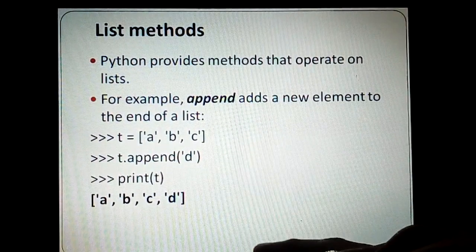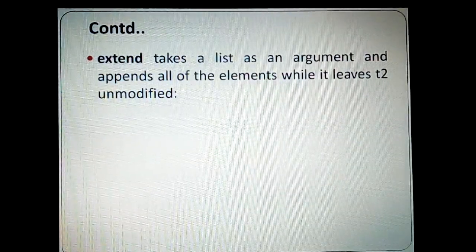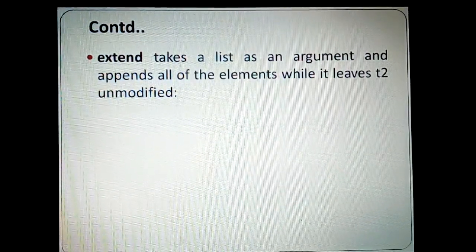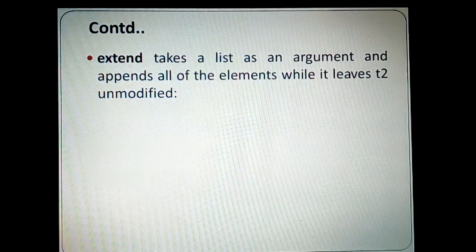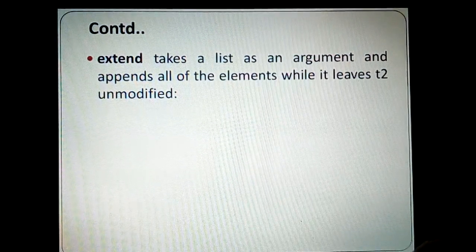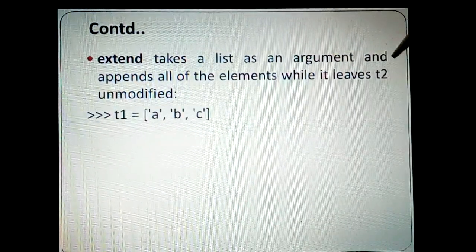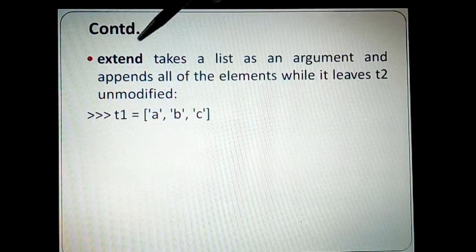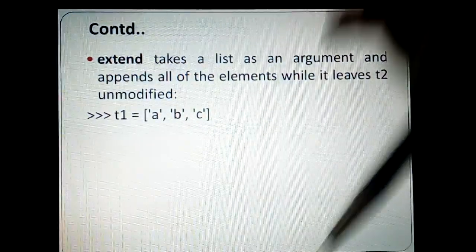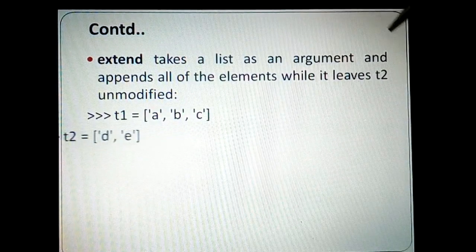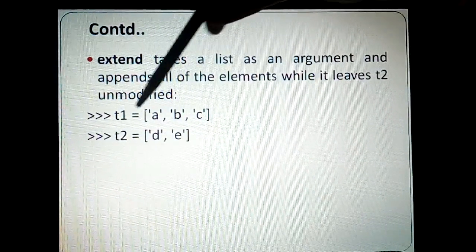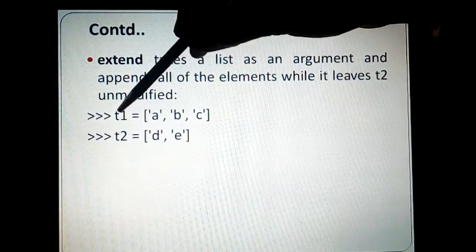And on similar lines, I have extend also. If I have more than one element to be added to the list, then I can create another list and extend that list entirely to T1 without altering T2. That is, T2 is unmodified, and then I can join T2 with T1.